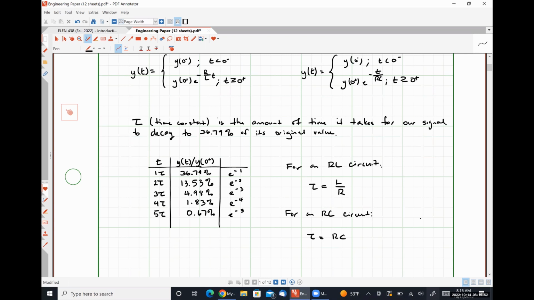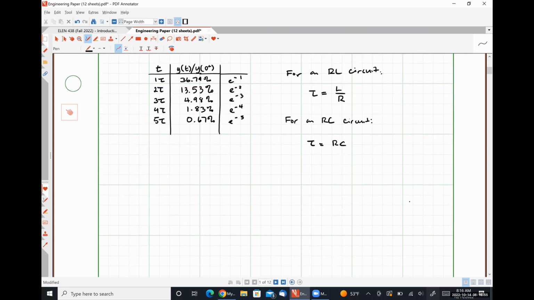So what this means is that we can consolidate our equation and now have a single equation that works for both RL and RC circuits. And that is simply y of t is equal to y of 0 minus for t less than 0 minus, and y of 0 plus e to the negative t over tau for t greater than or equal to 0 plus.